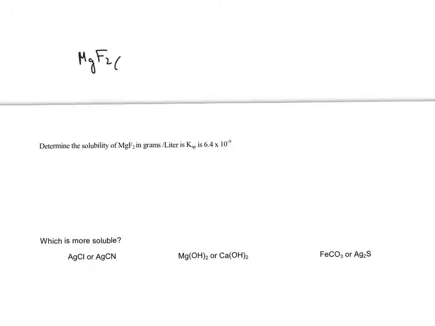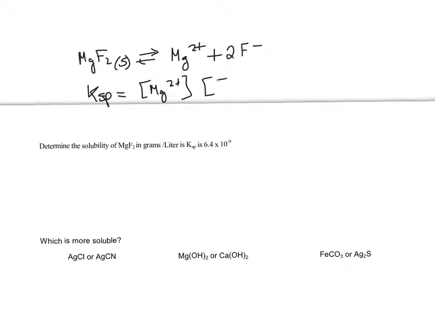MgF2 solid dissociates into Mg2 plus and 2F minus, and I'll write my Ksp expression. It is the concentration of the Mg2 plus times the concentration of the F minus squared.